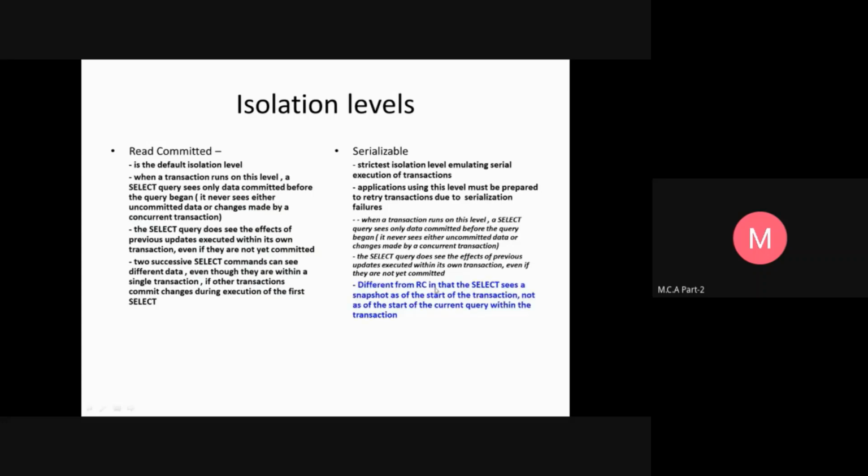It is different from read committed in that the select sees a snapshot as of the start of the transaction, not as of the start of the current query within the transaction. So until the transaction commits completely, right, we did not get to see the updates of the previous transaction, even though that transaction had committed. Okay, so this is what happened. That's why two successive select commands within a single transaction always see the same data.